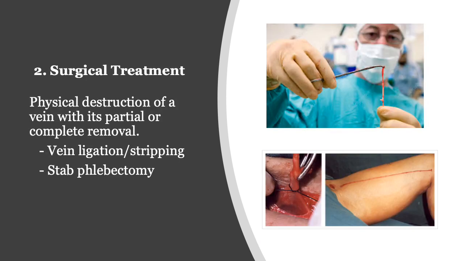Now, surgical treatment or surgical ablation, as I said before, is the same procedure used in the treatment of varicose veins, by which we physically destroy the vein with its partial or complete removal. So we either use high ligation and stripping with or without phlebectomies.